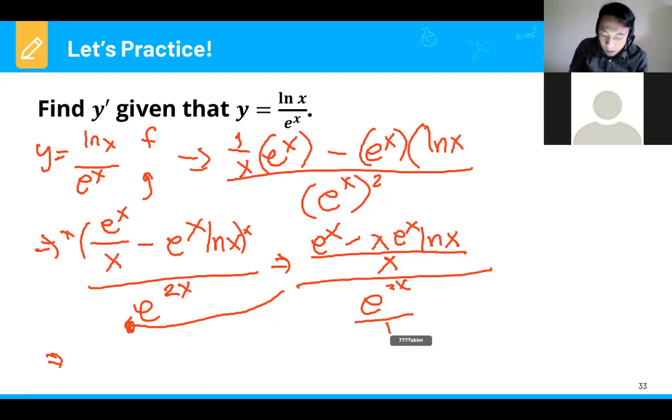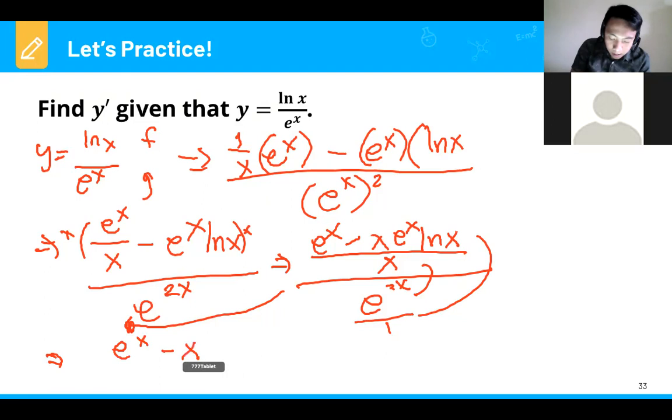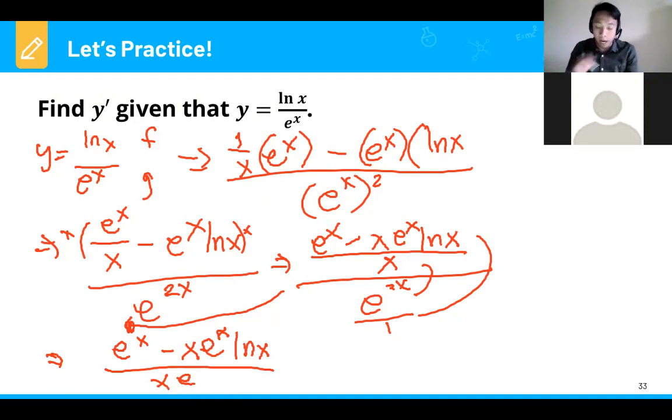I will multiply just like this. So yung upper part ko, it will become e raised to x minus x e raised to x ln x all over x e raised to 2x. Okay? So I just multiplied this para mapunta sa ganyang tsura.